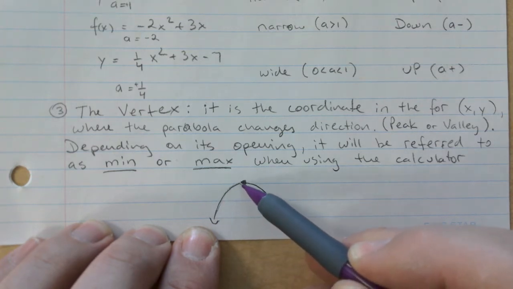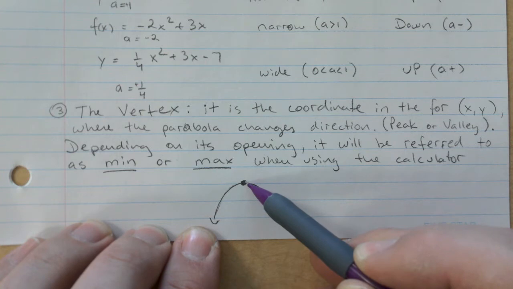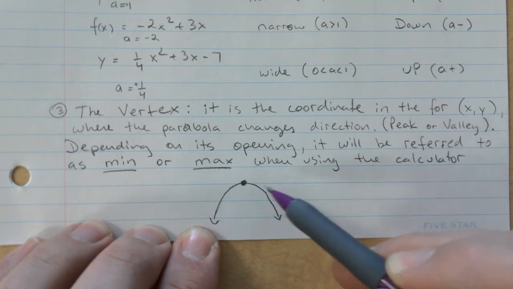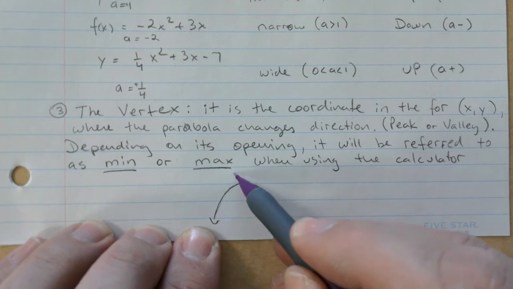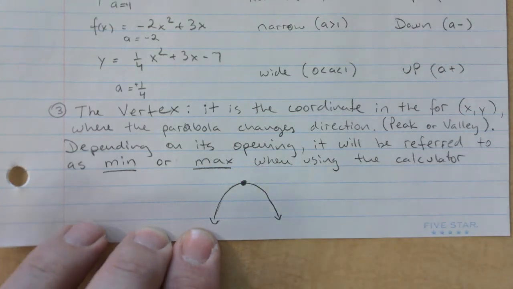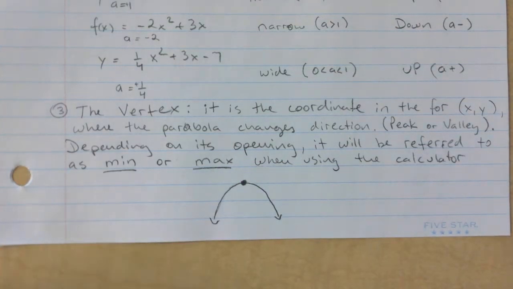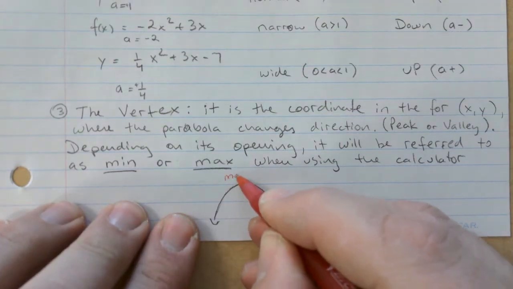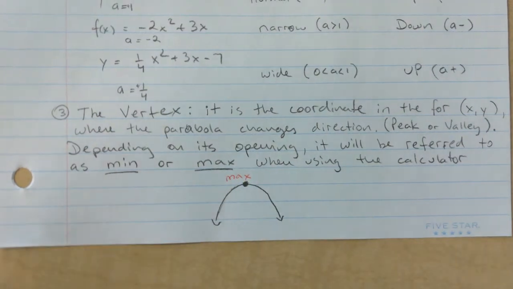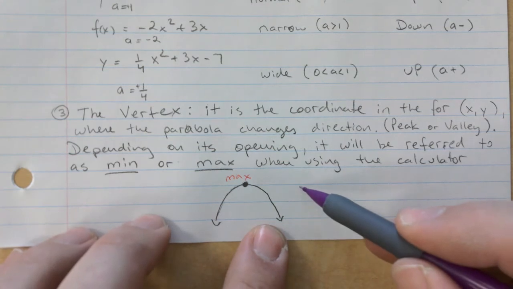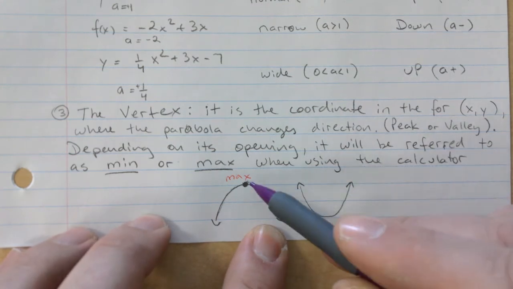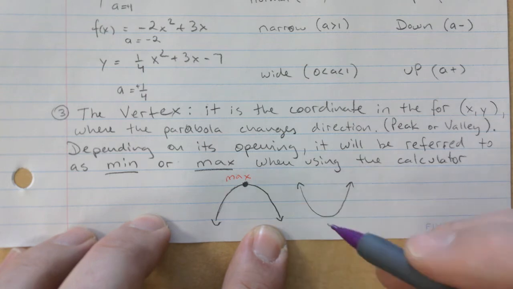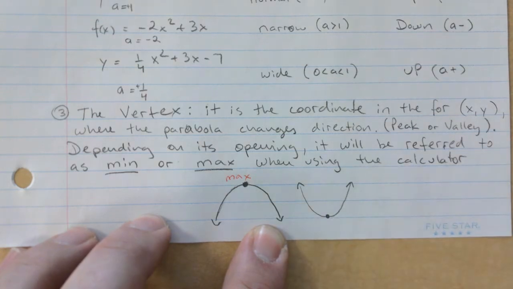It reaches the highest point and then it changes direction. It goes back down. So that is what we call the vertex. In this case, it would be a max, the highest. And if it opens like this, that would be the valley, that would be your min.